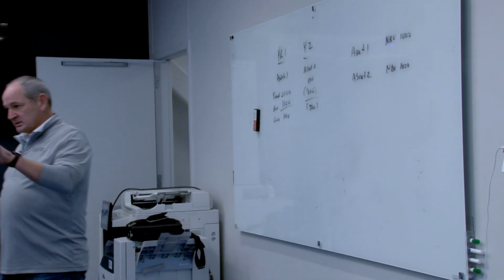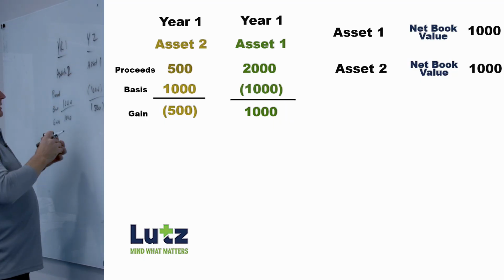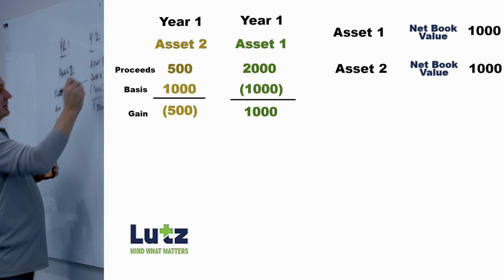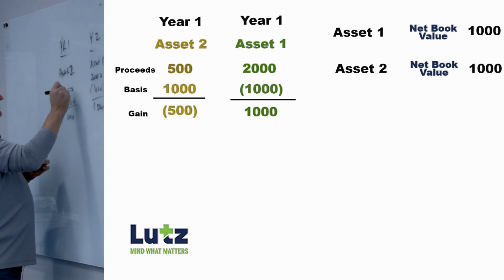And that is consistent with how the code section reads. But now we have to reflect on, well, wait a minute, if I have a net gain, go to step 2. I'm going to invert this for a second, and I'm going to change this to asset 2 and asset 1, and change this to 2,000 and this to 500.